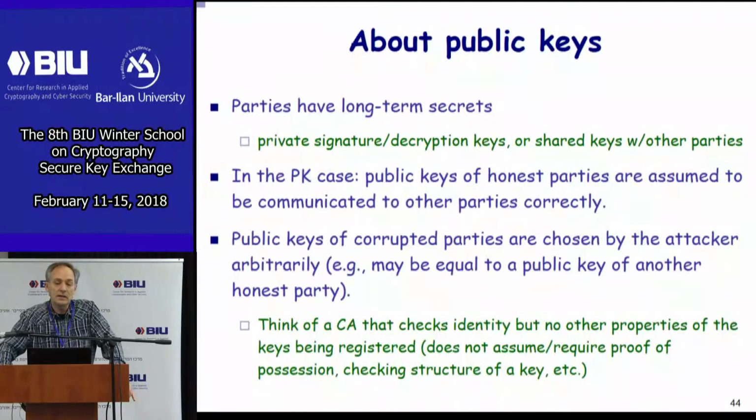The model says that for session keys exchanged between an honest party and a corrupted party, that session key can have any value. Okay? In the UC model, in the case that one of the parties is corrupted, the attacker provides the value of the key.